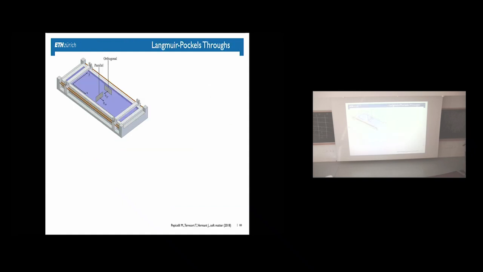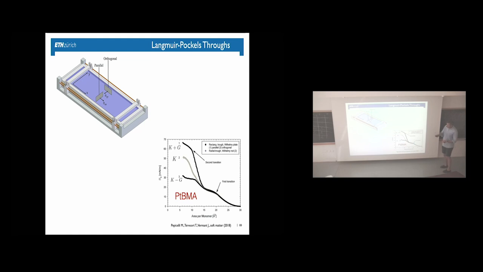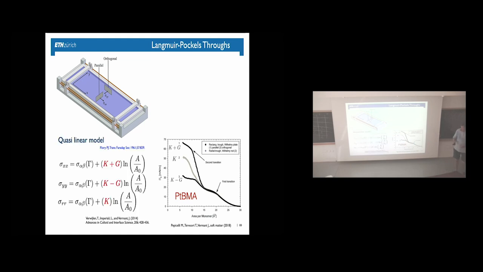Good. So let's look. Flory already pointed out in a paper in the 60s, I wasn't even born, where he said that if I have a trough like this and I do a 2D experiment, he was interested in polymer films and thin layers. And he says when I do an experiment, depending on the position of my Wilhelmy plate, I will measure different things. As I'm compressing, I will have a change in the thermodynamic state.